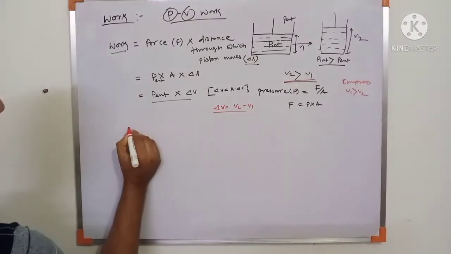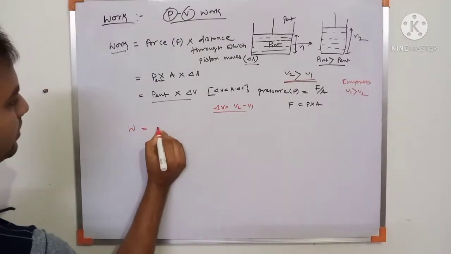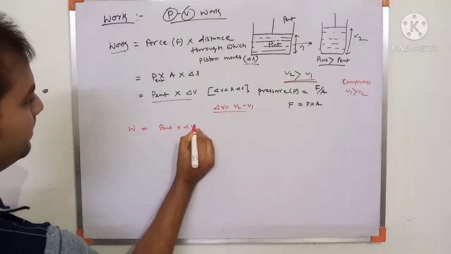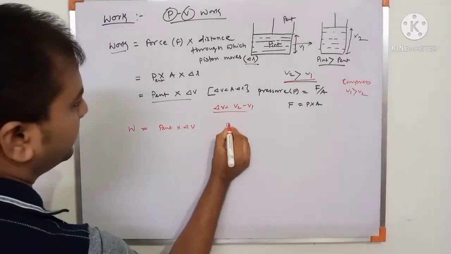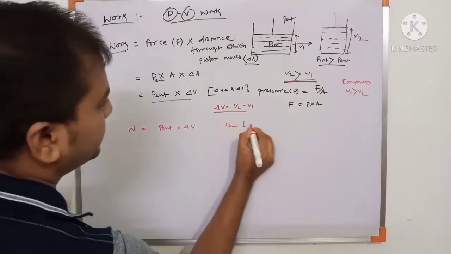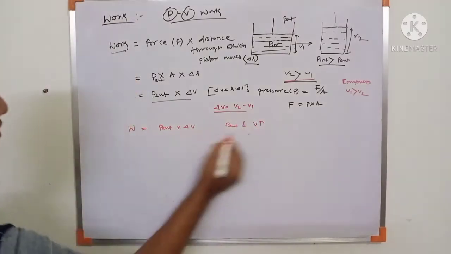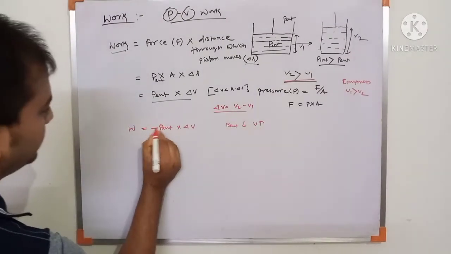Now, work equals P external into delta V, but as the external pressure is opposed by the volume increase, this is opposite, so this is a negative sign.